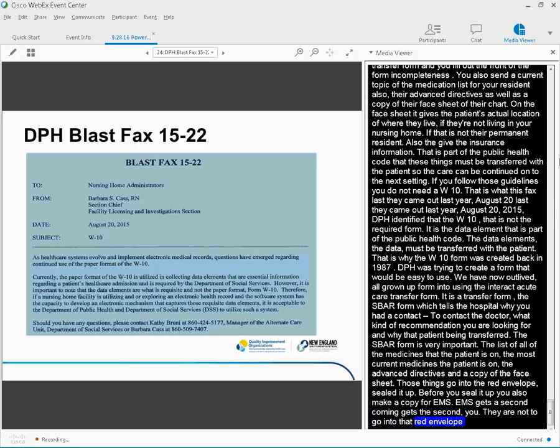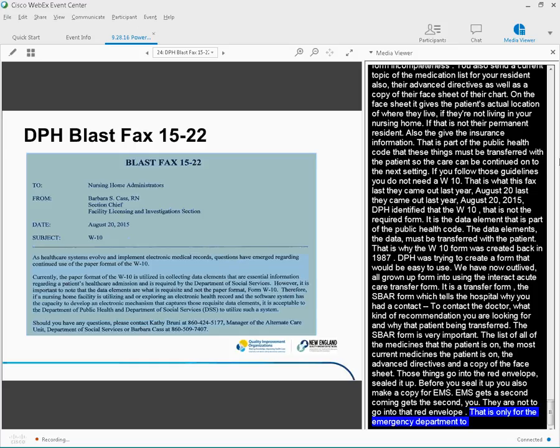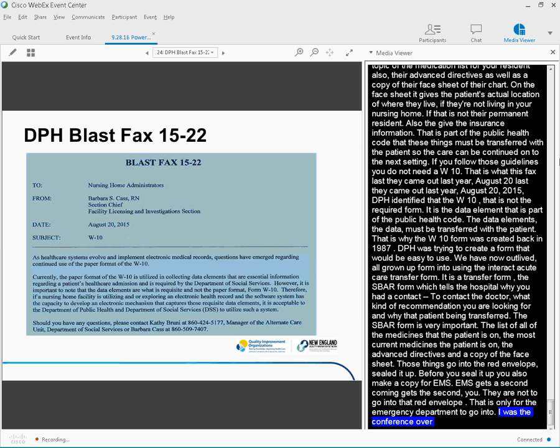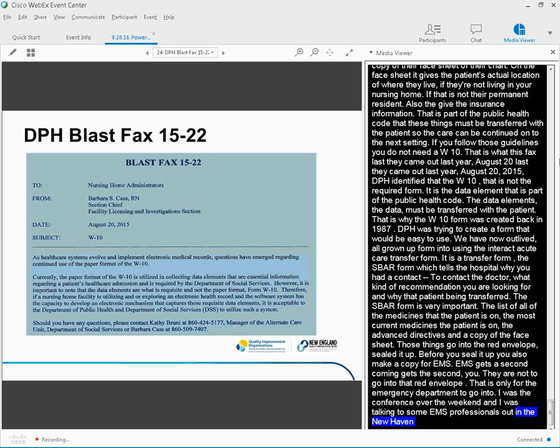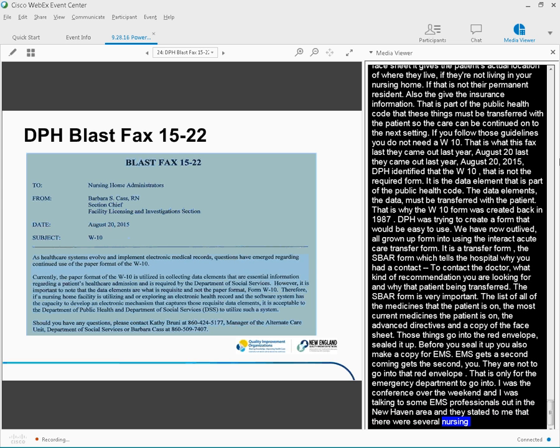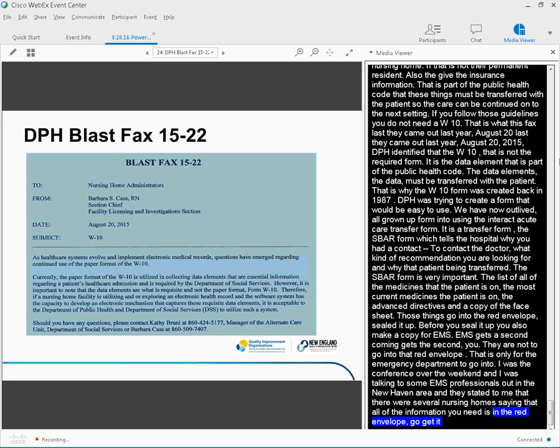So I was at a conference over the weekend, and I was talking to some EMS professionals out in the New Haven area, and they stated that there were several nursing homes saying, all the information you need is in the red envelope, go get it. I promised them that I would let the nursing homes know that that's not appropriate.